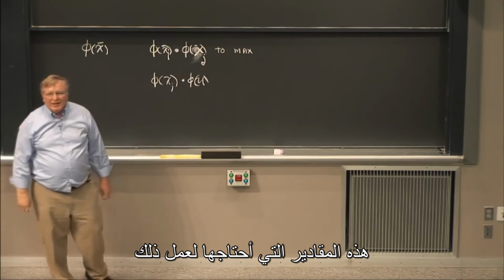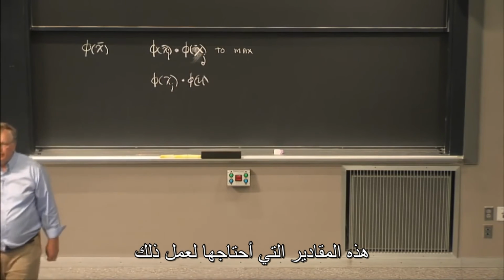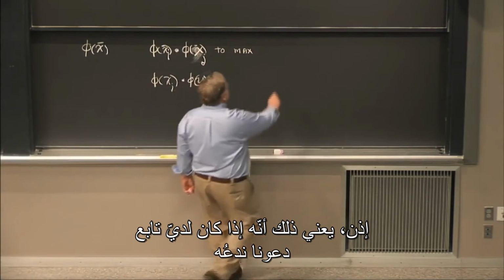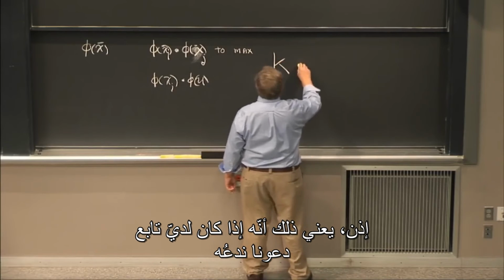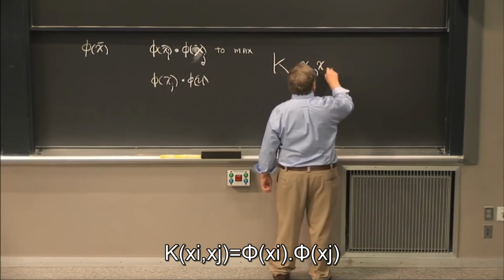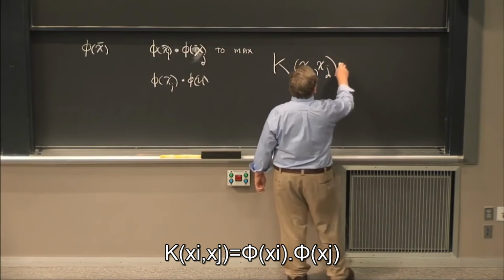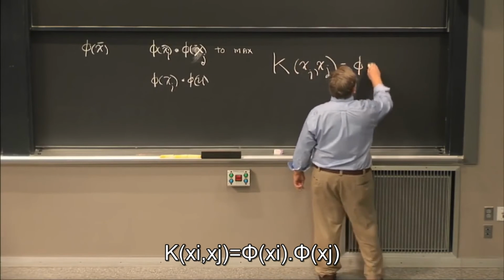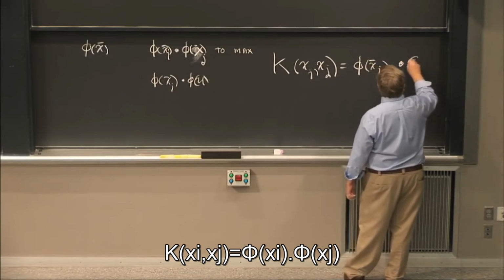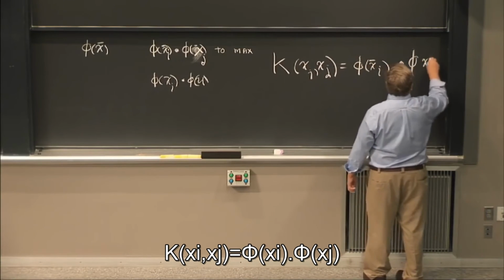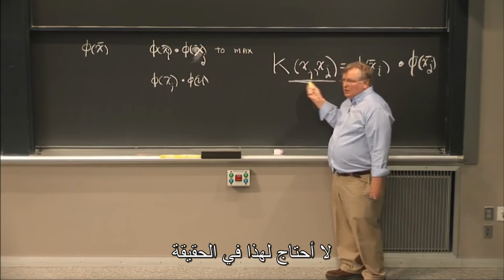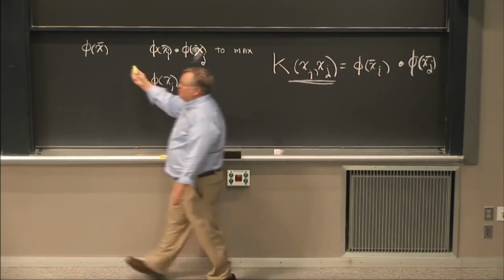Those are the quantities I need in order to do it. So that means that if I have a function, let's call it k, of x sub i and x sub j, that's equal to phi of x sub i dotted with phi of x sub j, then I'm done. This is what I need. I don't actually need this.